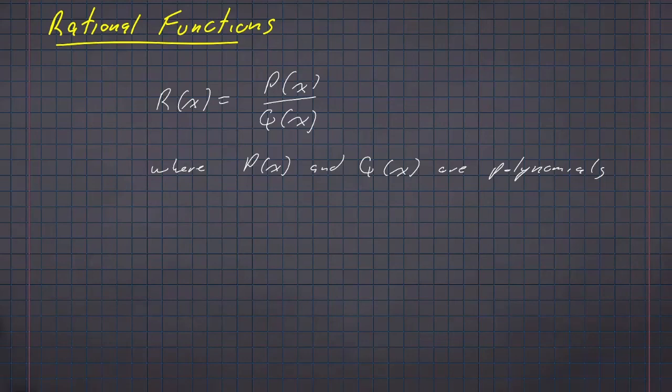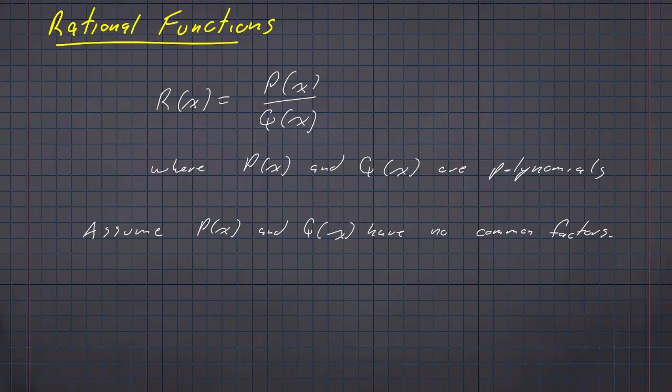There's a lot of weird corner cases that can come up if your polynomials happen to have a common factor. For those of you moving on to calculus, one of the big things you learn there is how to deal with that situation. For our purposes, we are going to simply assume that P of x and Q of x have no common factors.